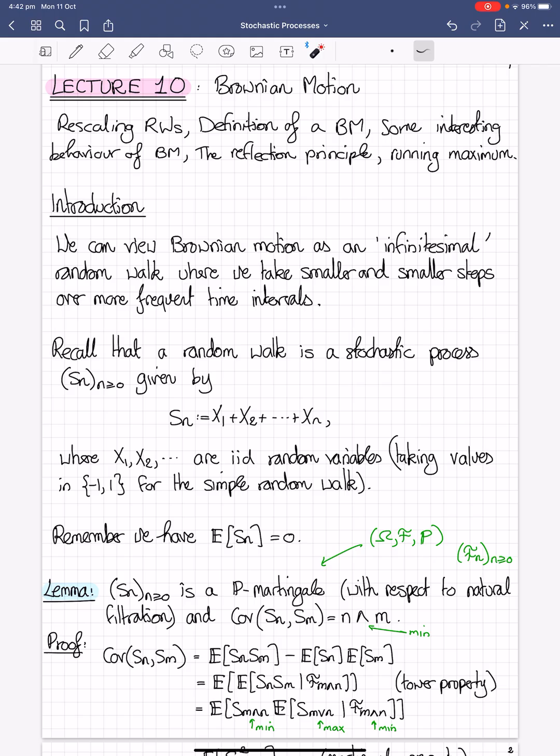In fact, Einstein used this concept of a Brownian motion in the early 1900s for physical phenomena, in some physics theory. But it wasn't until, I think, the early 1920s that another mathematician actually showed that you can prove that such a process exists, and that was quite an achievement.